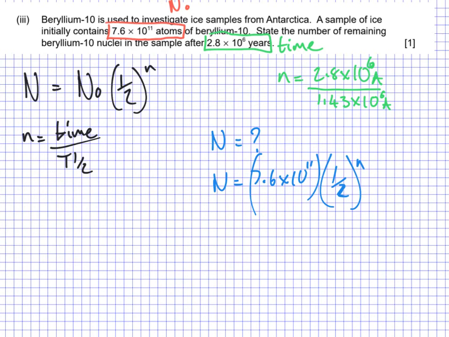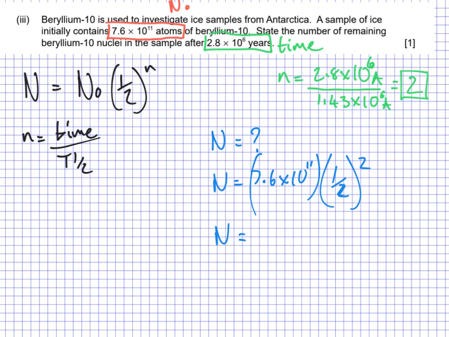What's my exponent n? Well, this will tell me the number of half-lives. If you plug this into your calculator, you're going to get 2. So 2 half-lives have elapsed. So I can say that this is to the exponent, oops, what I really wanted to do was put 2. There it is. We're plugging and playing.